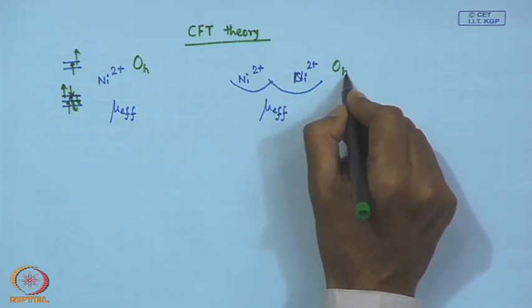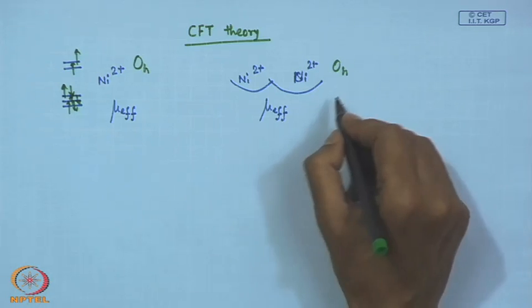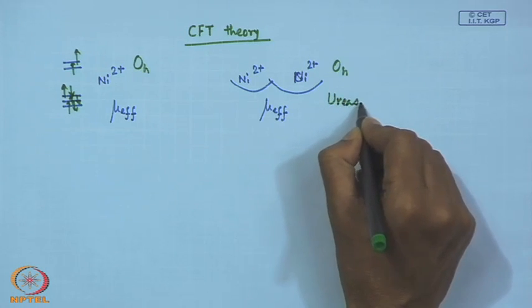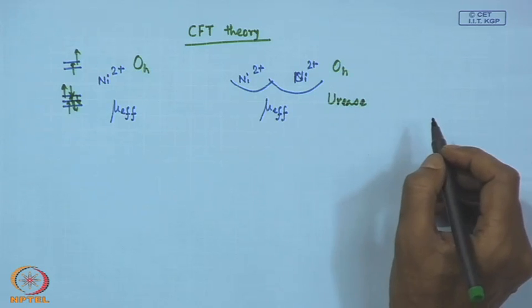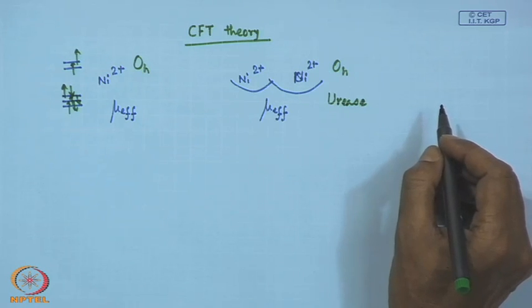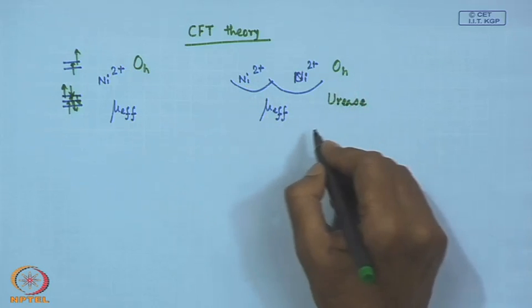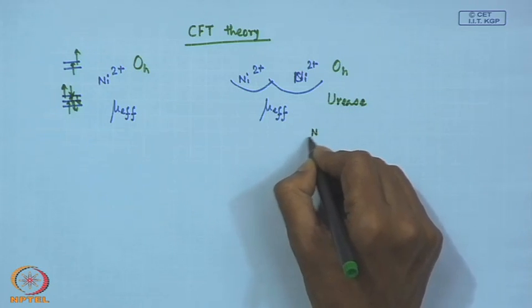These two are also in octahedral geometry, and in biological samples it is also present like this in ureases. So, in the urease molecule we find the 2 nickel centers, which are responsible for urea hydrolysis.